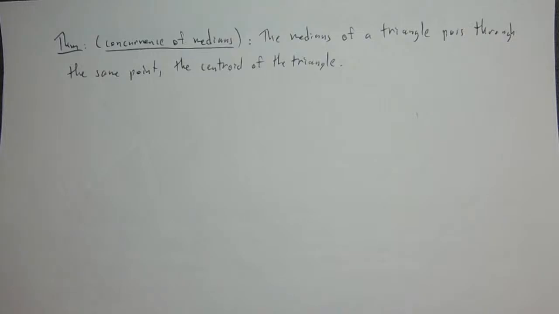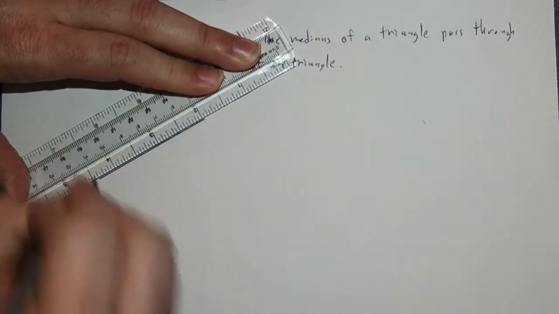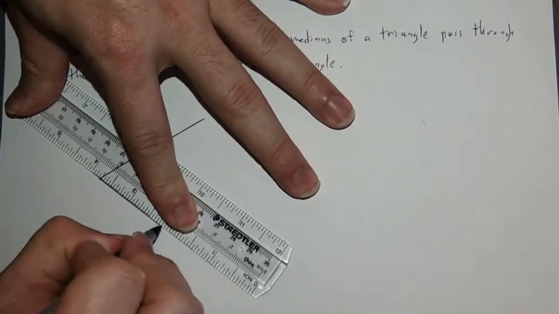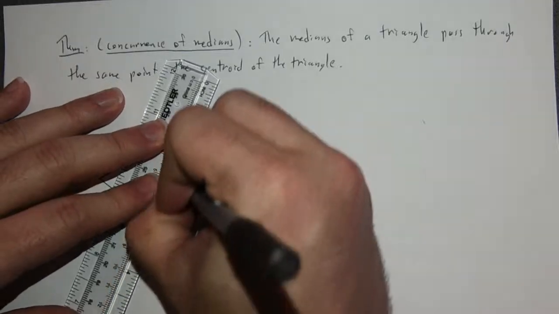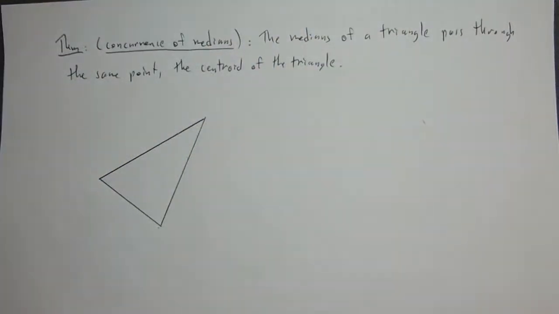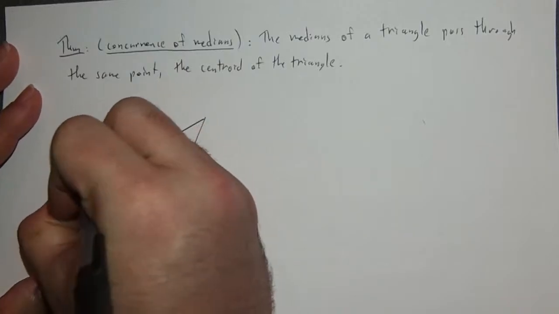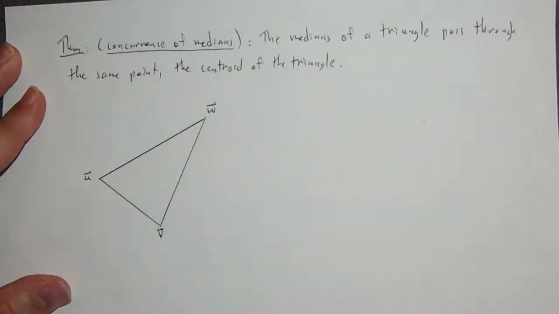All right. So let's draw a picture. I'll try to have a good looking picture here. Okay, so let's say I have a triangle with vertices U, V, and W. Then I have midpoints.